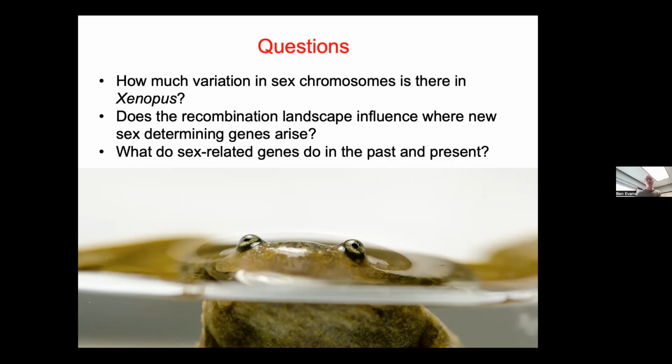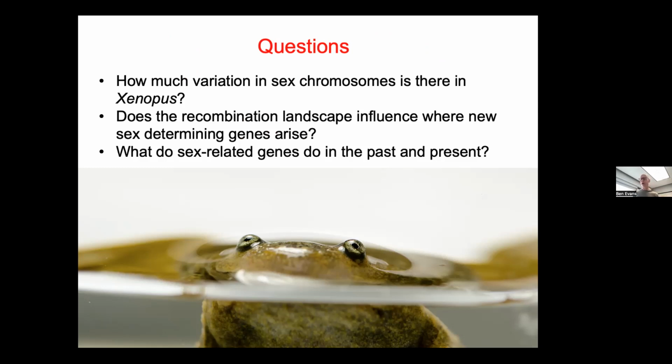And so the questions I want to focus on today include, first, a kind of survey across different species of Xenopus frog, which asks how much variation in sex chromosomes there is among species. So is there, for example, one system for sex determination, or are there many? I then want to look at what's called the recombination landscape and ask how that could potentially influence where new sex determining genes arise in the genome.